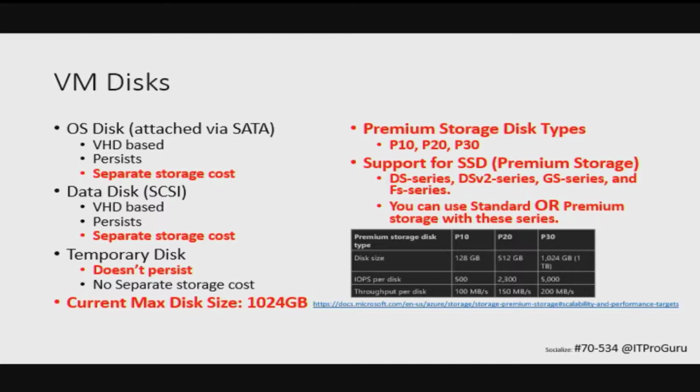So the example we usually give is if you have an application that's processing images and it needs some kind of local swap disk space to work with those files, to resize them or something, you can use a temporary disk. And if it goes away, if you've got some kind of queue-centric workload, you can just get that image again, and then you work on it, and then you put it into some kind of permanent storage.